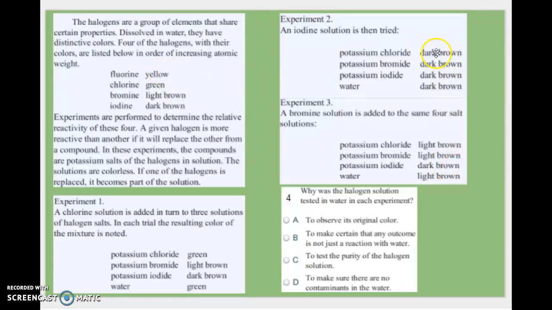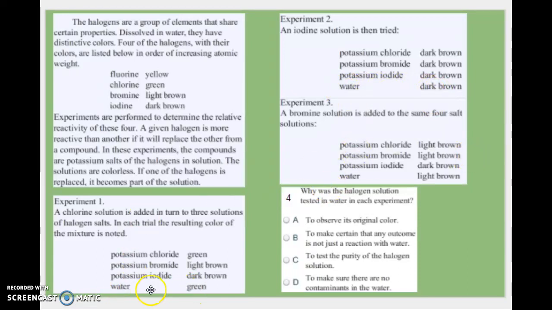And we know whatever color it turns is whichever one was knocked out of the solution. So what it's asking this time is, why was the halogen solution tested in water in each experiment? Well, that's a good question, because it's not going to knock anything out of water, we hope.